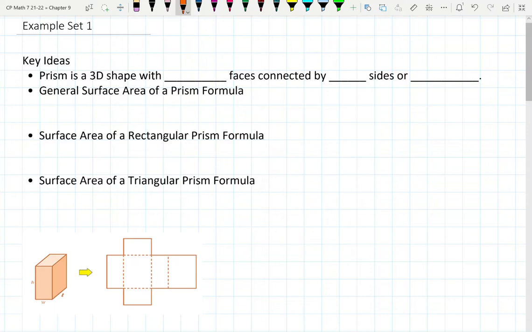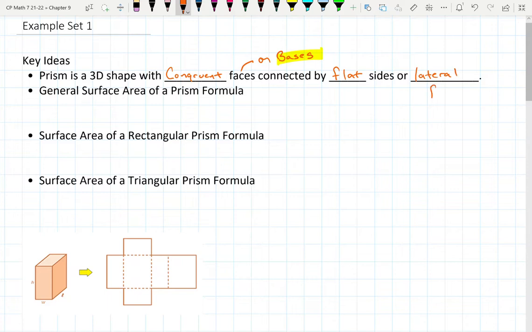A prism is a 3D shape with congruent faces, or bases. I'm actually going to call them bases, but you can think of a face as all of the sides: top, bottom, left, right, front, and back, connected by the flat sides, or lateral faces.